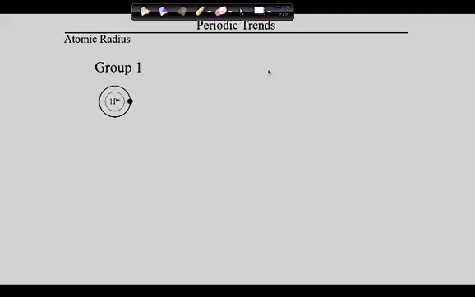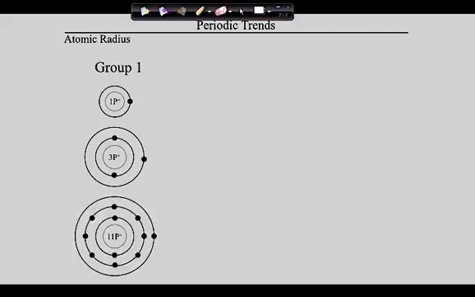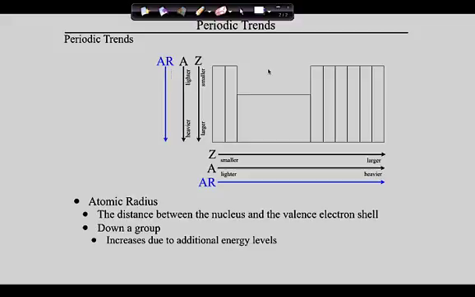So this is hydrogen. That's what hydrogen looks like. 1 proton, 1 electron. So now let's go down to lithium. Well guys, lithium looks like this. And then if we go down to sodium, sodium looks like this. Can you see that as we go down a group, these are getting bigger because we're adding layers to the element? Does that make sense? Okay, so guys, if that makes sense, let's label the line.